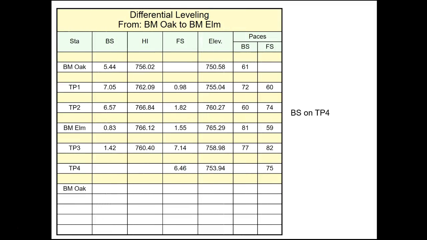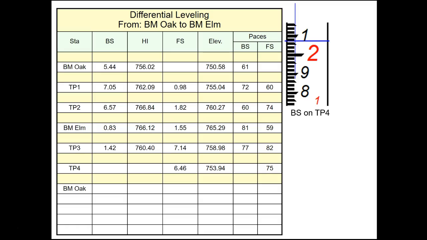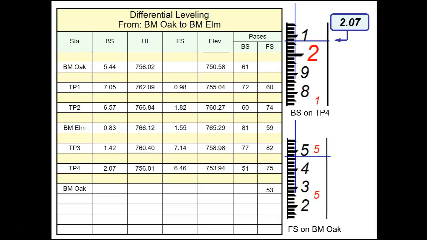Now we're taking a back sight on turning point 4, 2.07. Calculate our instrument height, pace. And now we're back to our oak tree, and we're going to take a foresight then on that oak tree, and we are at 5.47. Calculate our elevation of our oak tree.